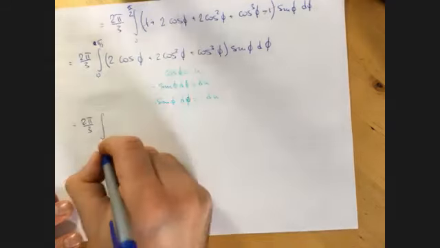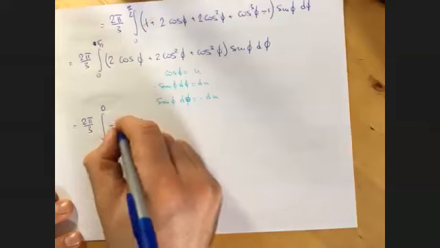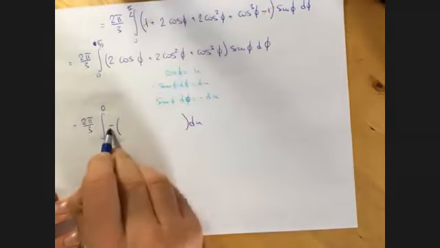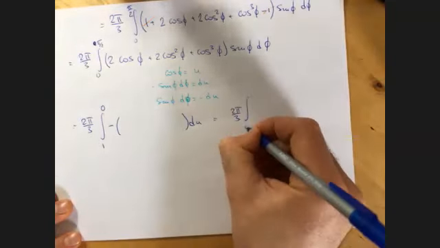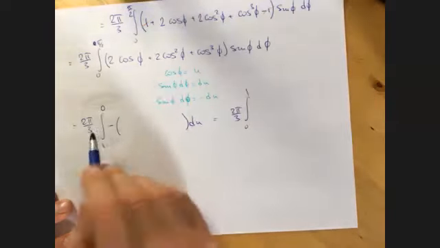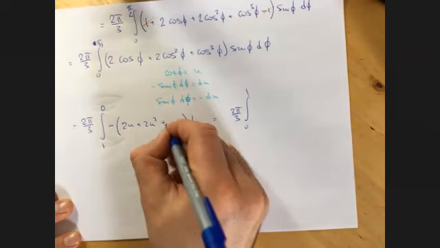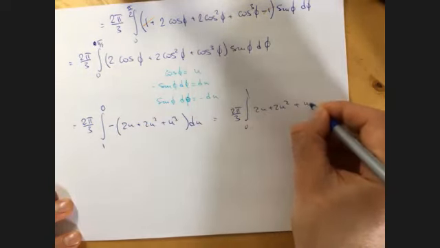Cosine of 0 is 1, cosine of pi over 2 is 0, times negative du, and then that negative is going to flip right away. So 2 pi over 3 evaluated from 0 to 1, because I'm going to flip it. And here I have 2u plus 2u squared plus u cubed du.